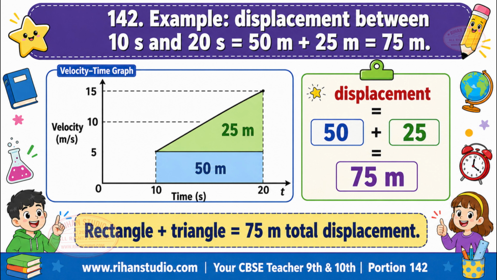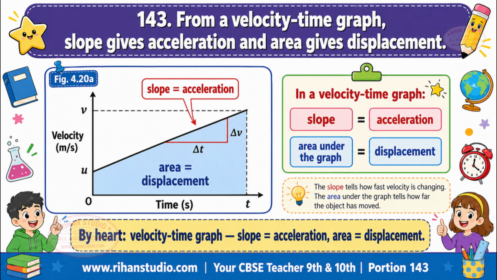Example: the displacement between 10 seconds and 20 seconds equals 50 meters plus 25 meters, which is 75 meters. The work: the rectangle area is 50 meters, the triangle area is 25 meters, so the total displacement is 75 meters. From a velocity time graph, the slope gives acceleration and the area gives displacement.